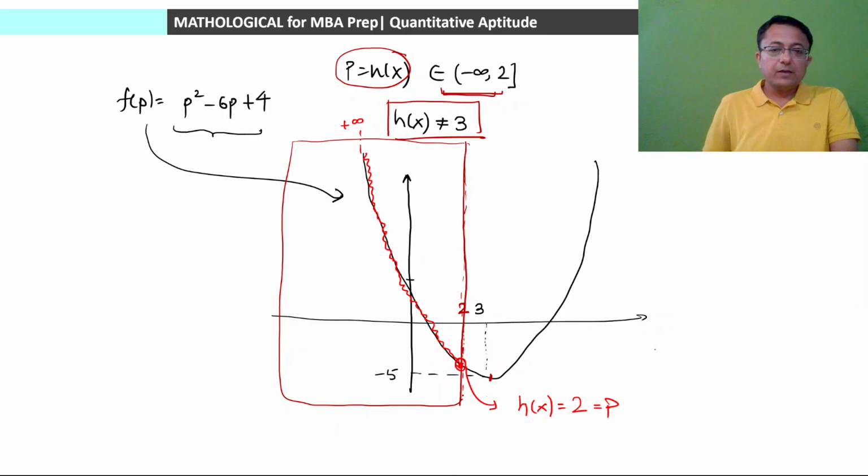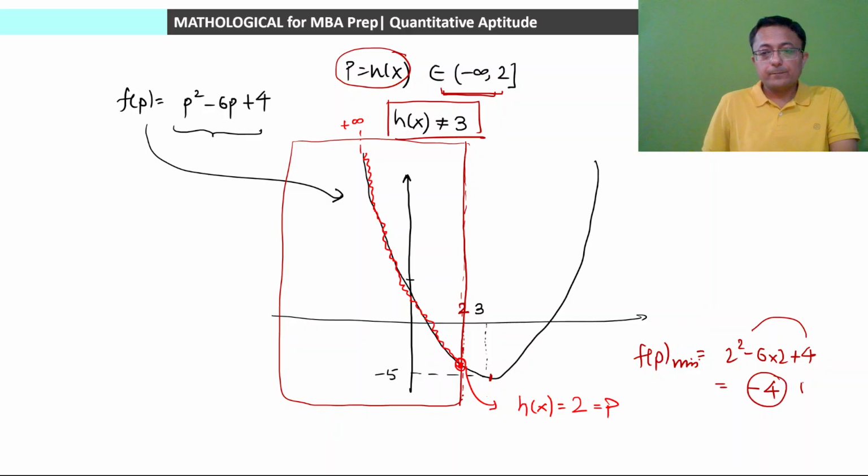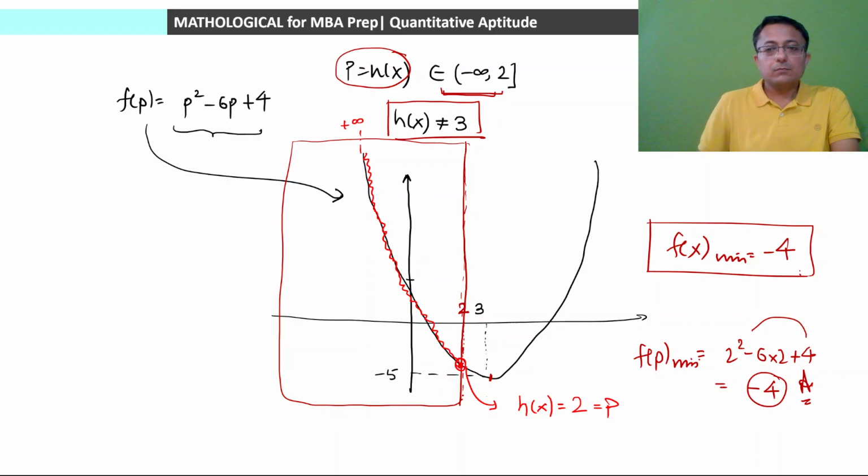So the minimum value of f(p) will be at p equal to 2, that is 2 square minus 6 into 2 plus 4. So 4 plus 4, 8 minus 12, that is equal to minus 4. So the minimum value of f(x) will be equal to minus 4 only. Is this clear?